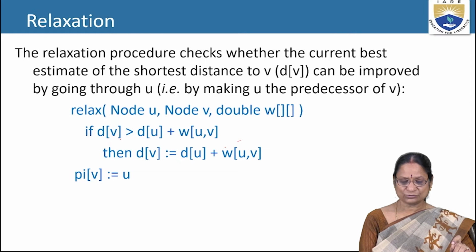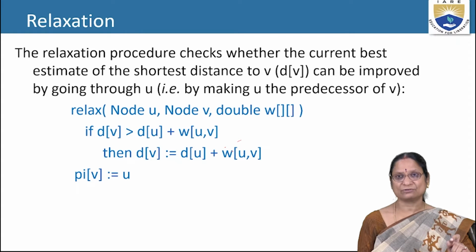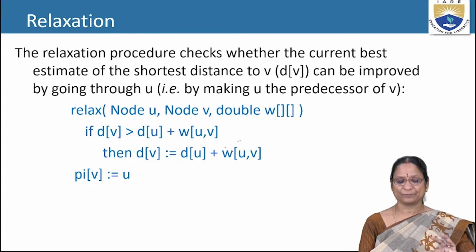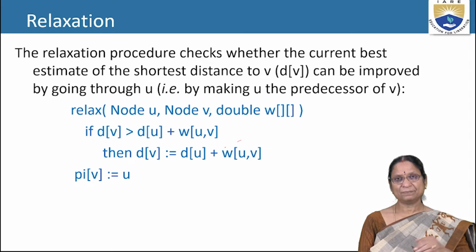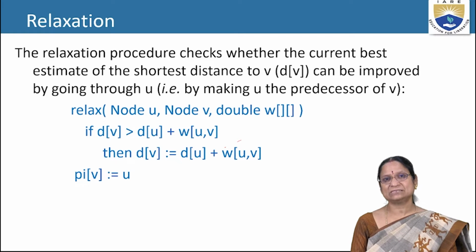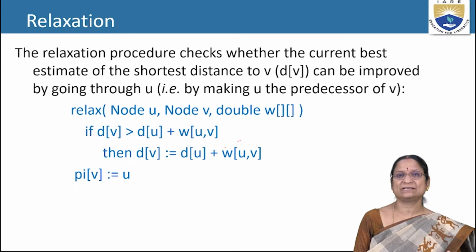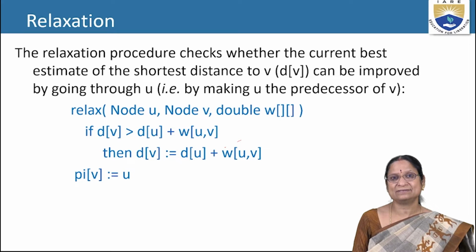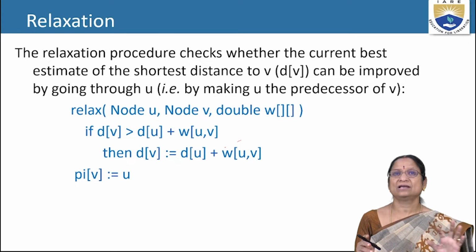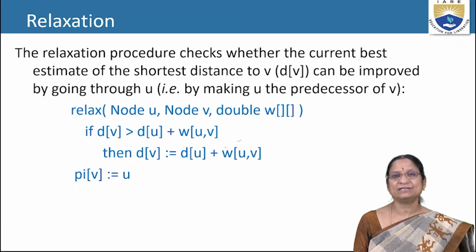Now, if the distance to V is greater than the distance of U plus the weight of UV, then the distance of V is updated with the distance of U plus the weight of UV. I just explained that. Then the previous vertex also has to be updated, that is the parent vertex or predecessor vertex. You can say the immediate parent or predecessor vertex of V is U. That means through which node the distance is estimated was noted down by us.